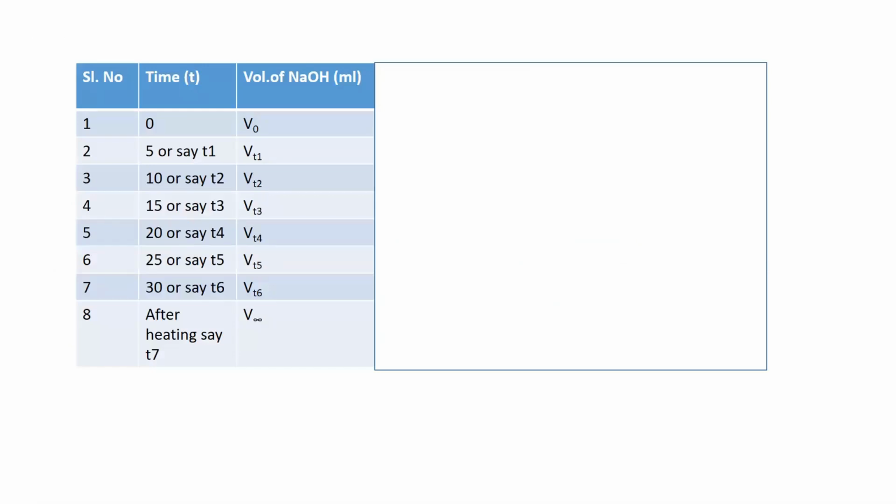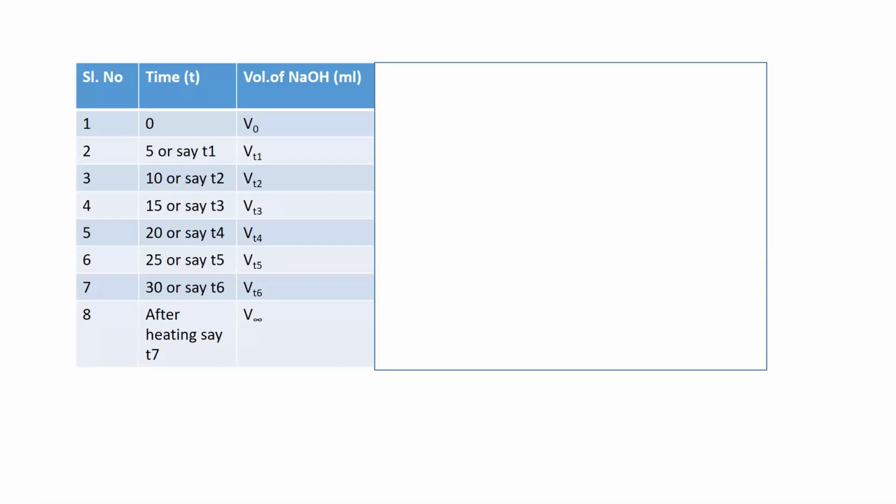Now, with this, in the tabular column you are going to populate the first few entries. The first one is the serial number, and the second column is your time. Initially, for the first titration, your time is 0, and the volume that you get in the burette is V0. For subsequent iterations, I'm just taking an example of 5, 10, 15, 20, 25, or 30 minutes, but it could be 6 minutes, it could be even 7 minutes.